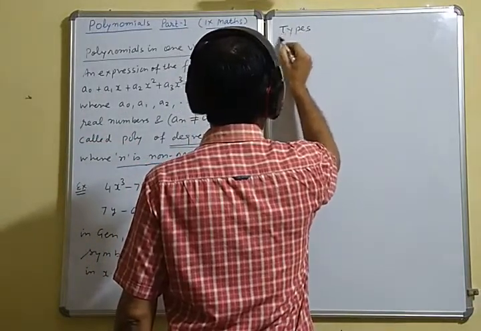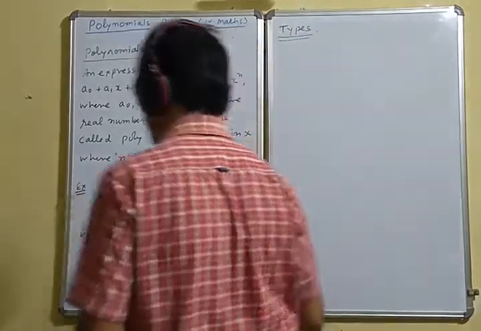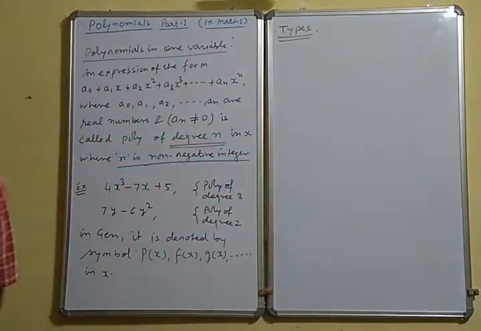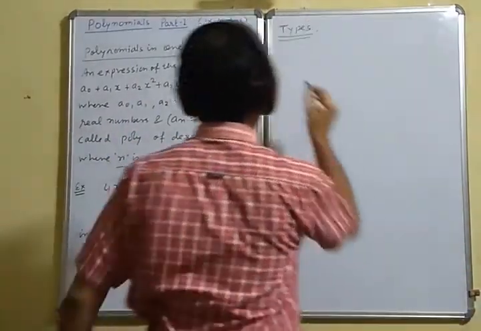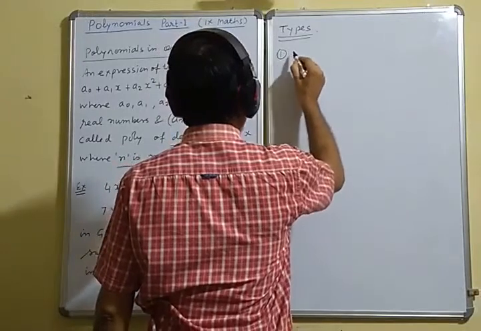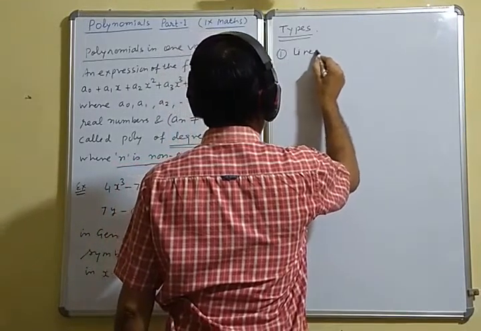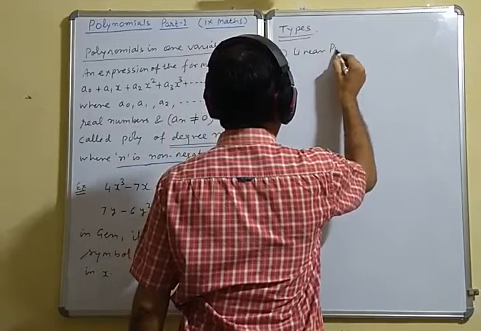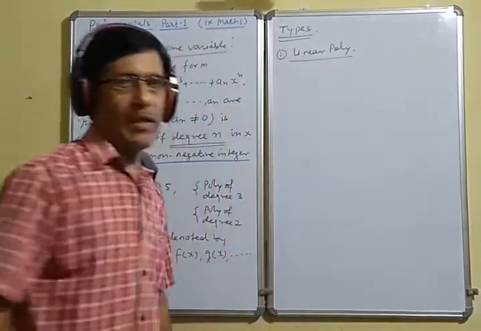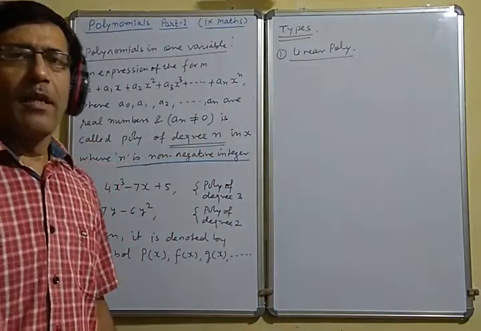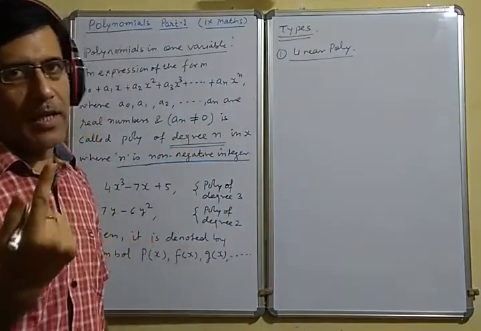We will learn one by one. Number 1, first we will learn linear polynomial. Linear polynomial means a polynomial whose degree is 1.